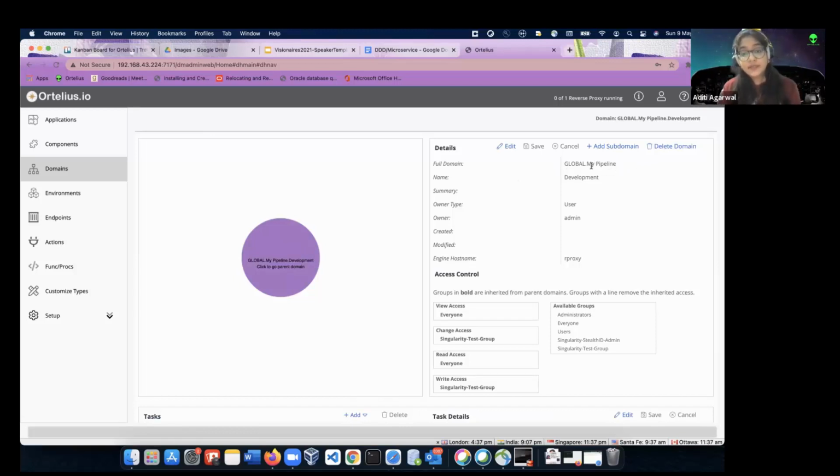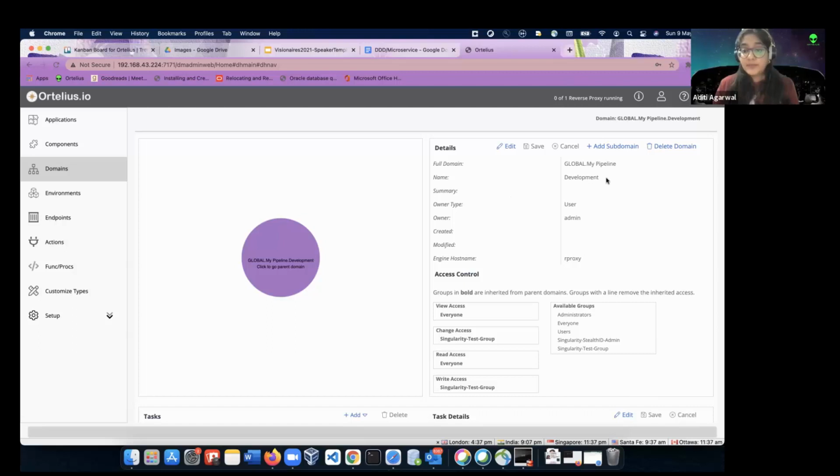The thing to note is that all the domains in Ortelius are represented as objects. And these objects are represented as domains which are distinguished by a period. For example, global is my global domain, the foremost parent domain, and my pipeline is the subdomain inside global.